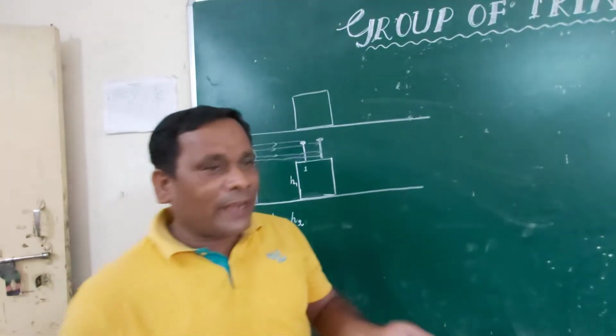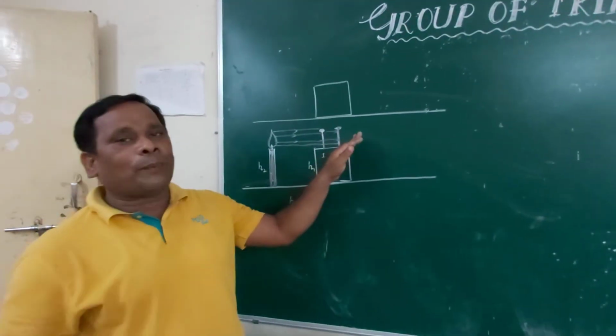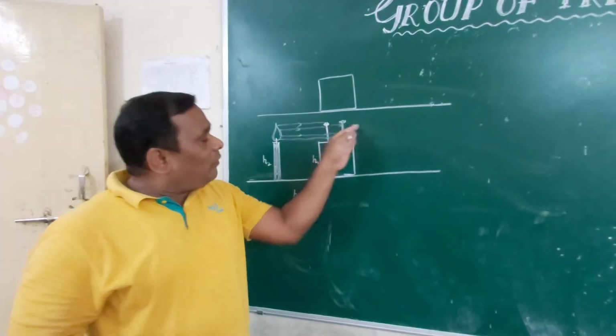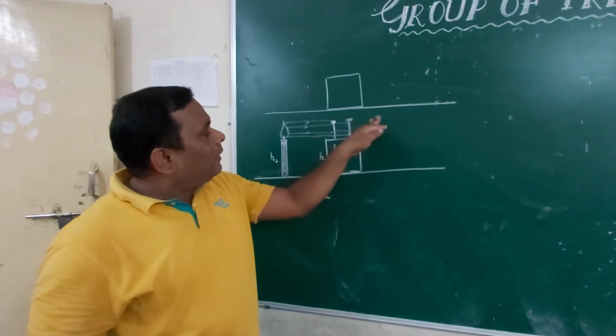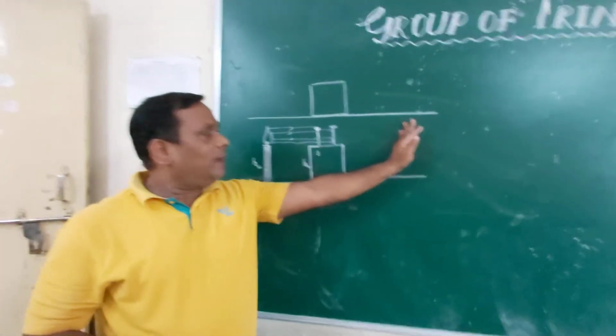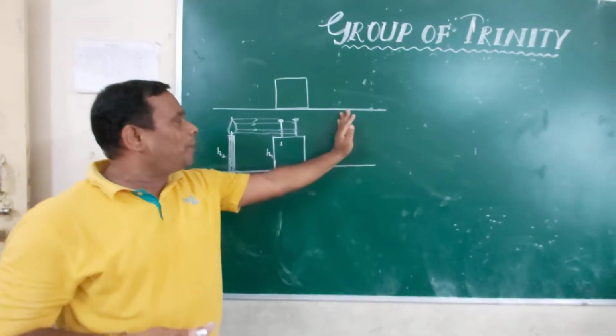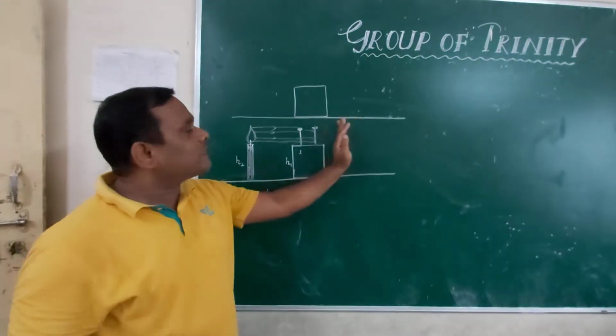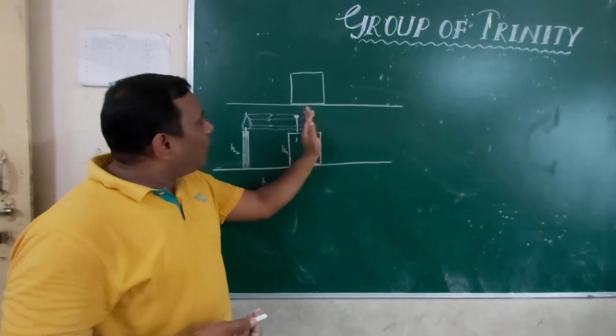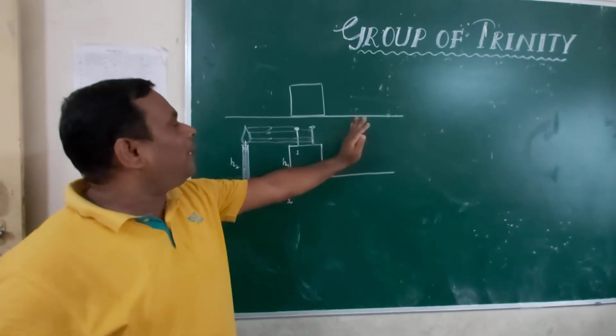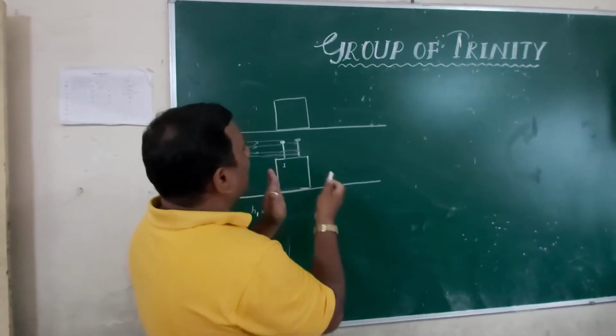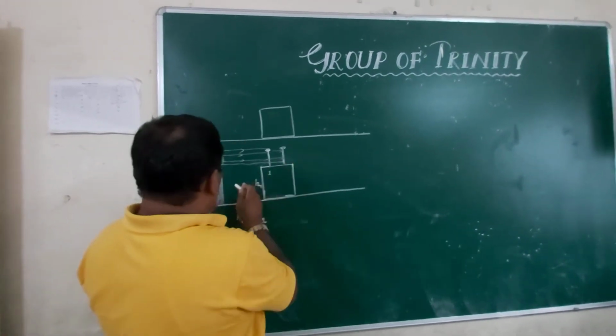It is an opaque object, so the light cannot pass through the pin. Therefore, what will happen? The shadow will be formed. If the light cannot pass through the pin, then shadow will be formed at the back of the pin.